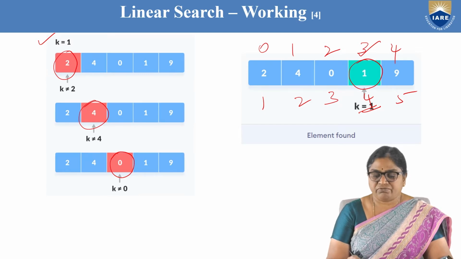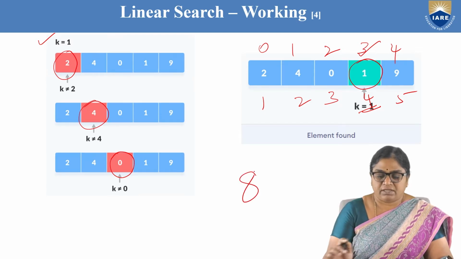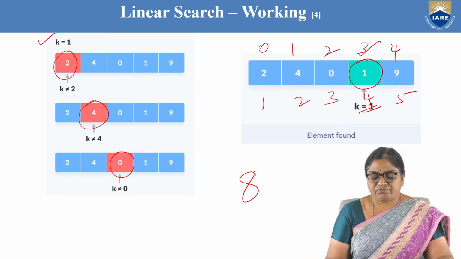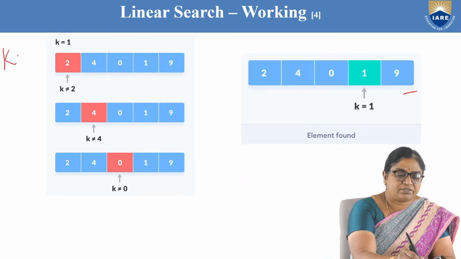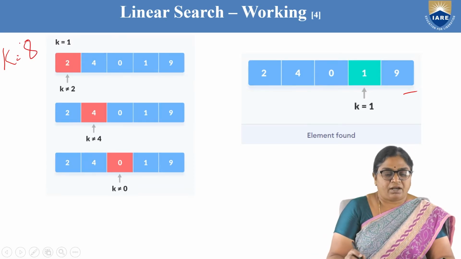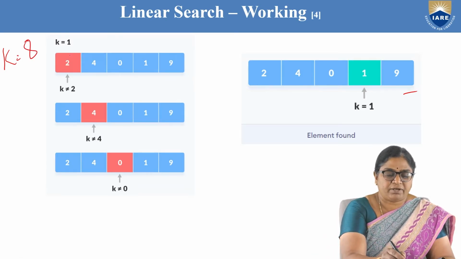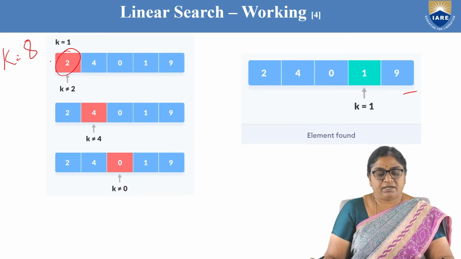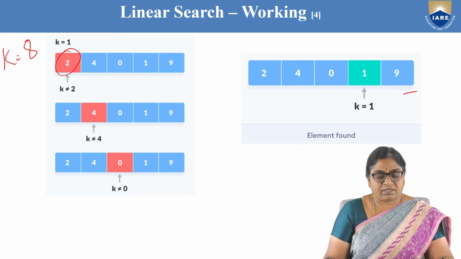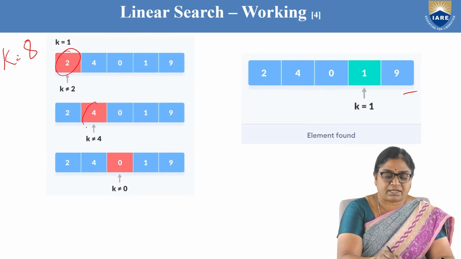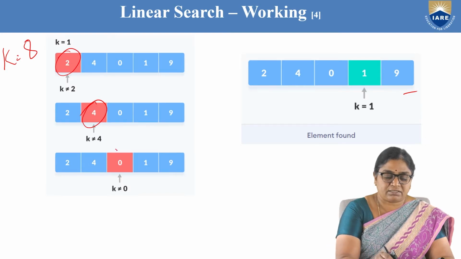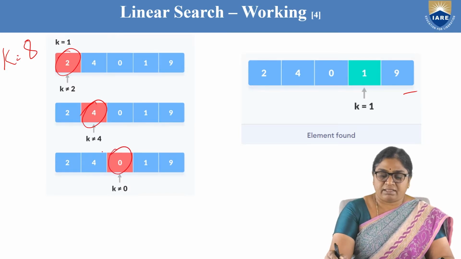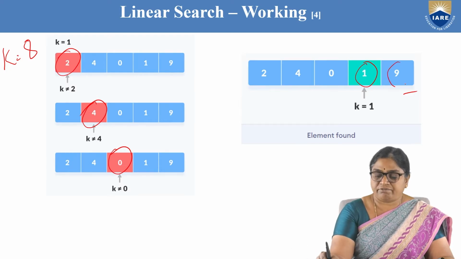Suppose we are searching for 8 in this list. So here our key element k is equivalent to 8. Now we'll try to compare our key element with the first element. Here key is not equivalent to the current element. We'll go with the second element. Here also the same case. The key element doesn't match the current element. Next, compare with third element, then fourth element, and then fifth element.